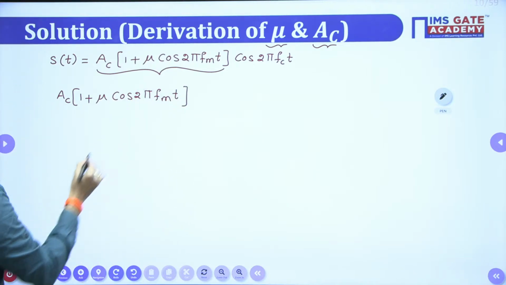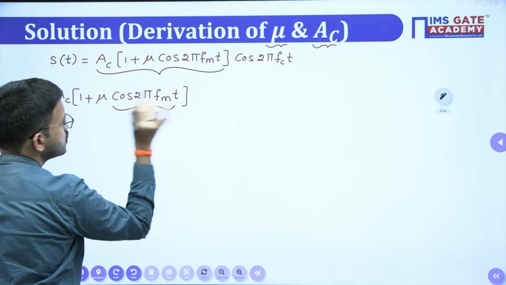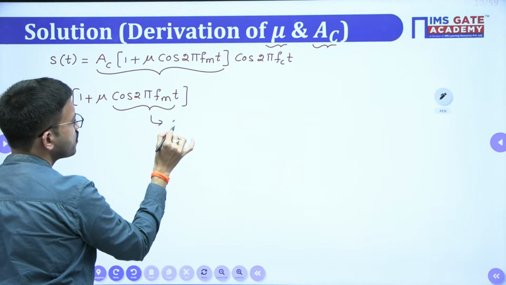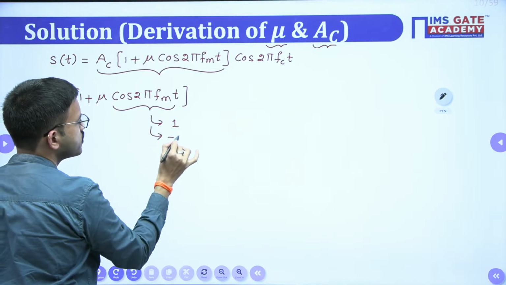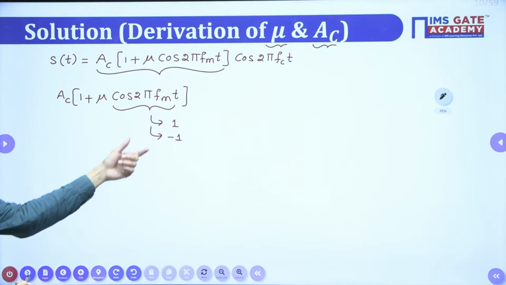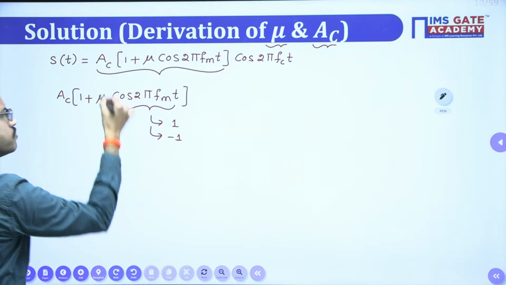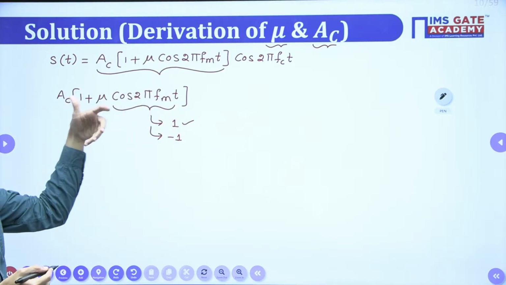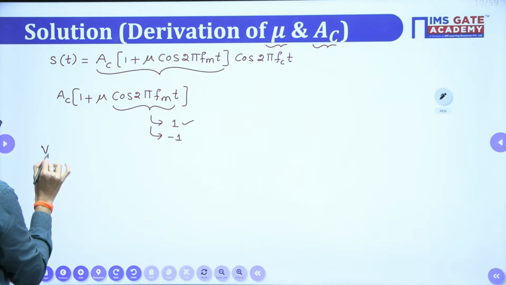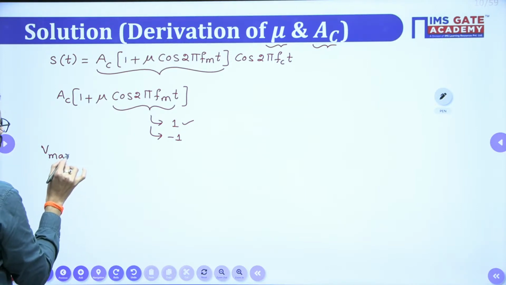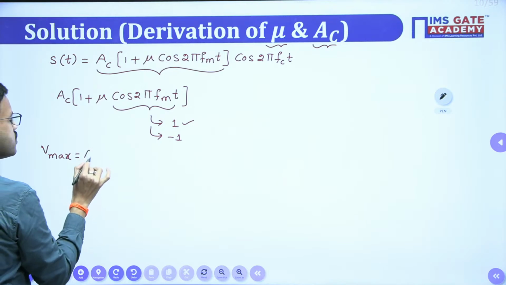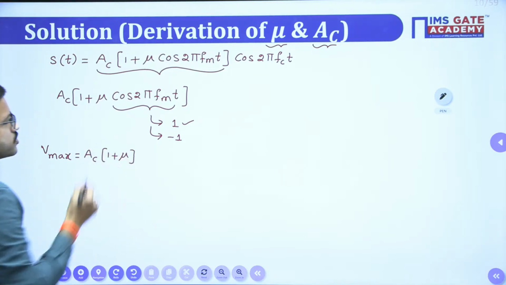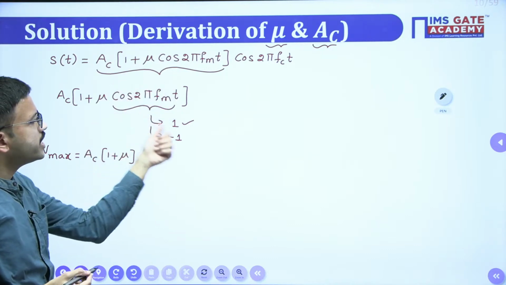Okay. Now if you observe here, you are having the cos signal, right? Cos signal maximum value will be 1 and minimum value will be minus 1. So if you consider the cos value maximum as 1, then regarding the peak amplitude you will get the maximum value. So I am assuming Vmax equal to Ac into 1 plus mu, when you have considered the entire cos signal as 1.